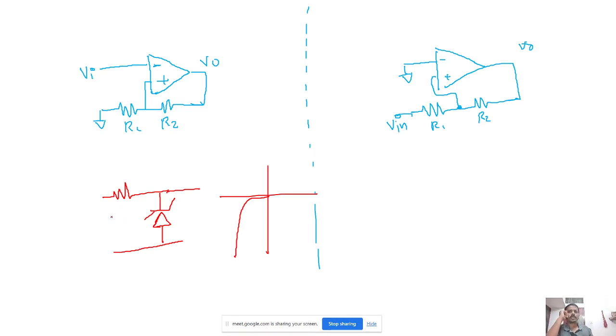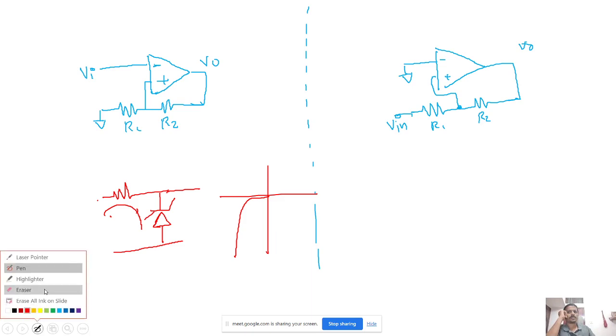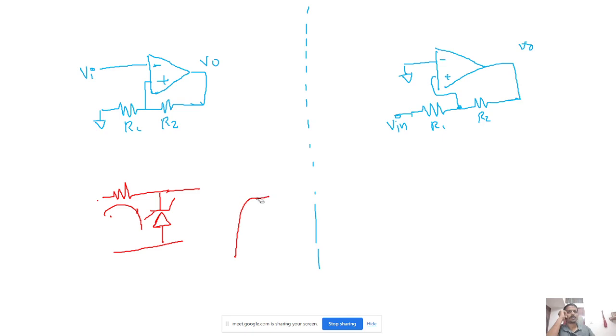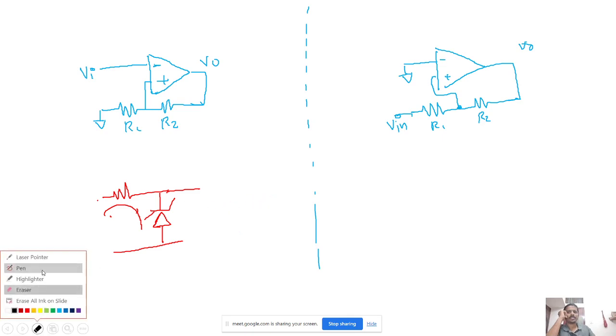In loop condition, okay. Okay, I don't know, I have not gone through that.